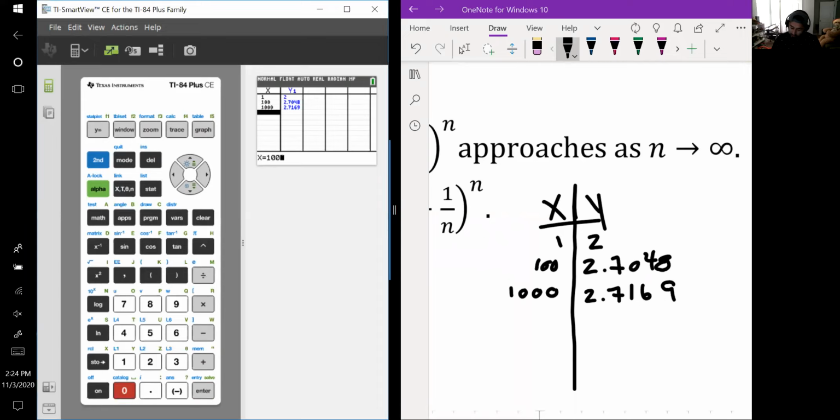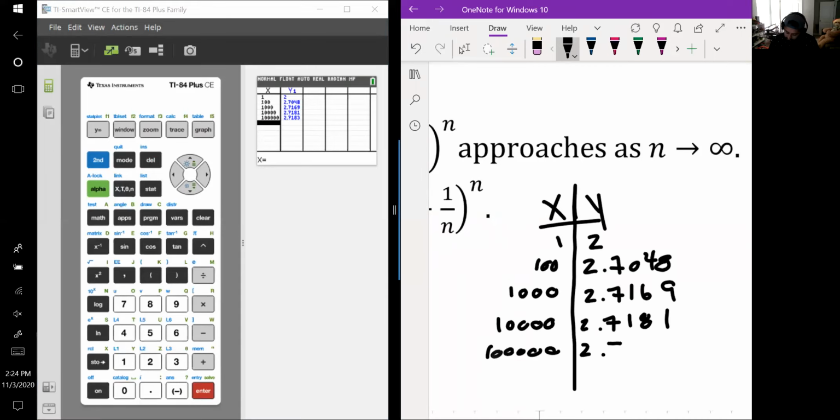And then let's keep adding on zeros. 10,000: 2.7181. Let's add on another 0. 100,000: 2.7183. And let's just add on one more 0. Let's make it 1,000,000.